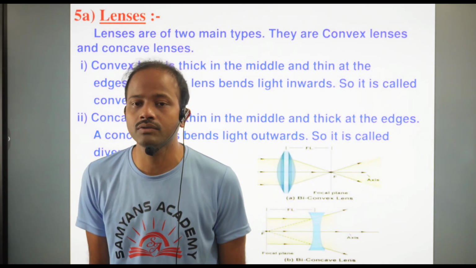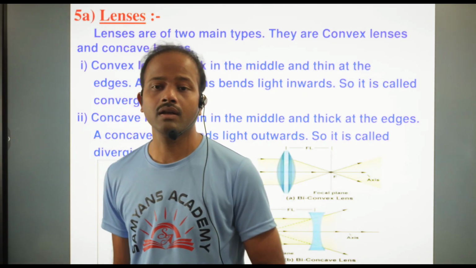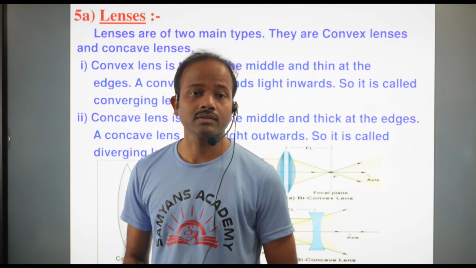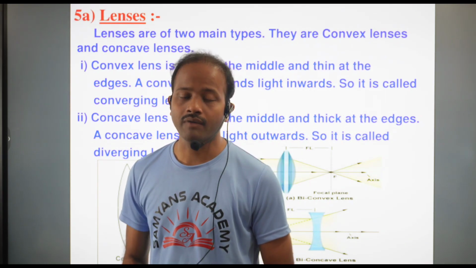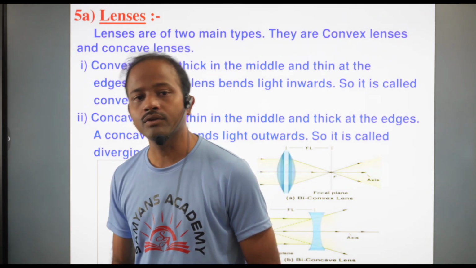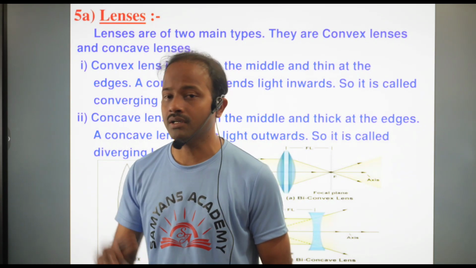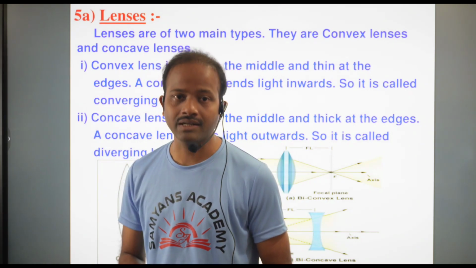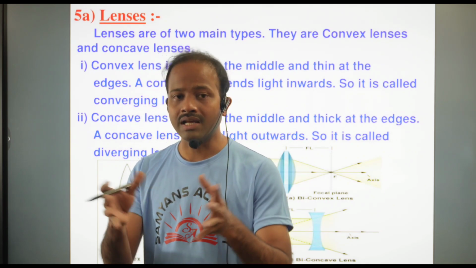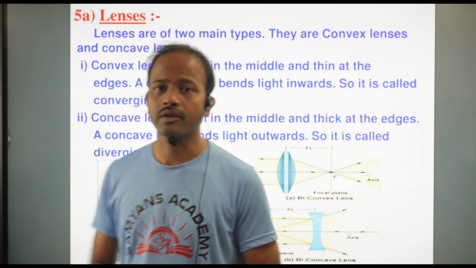Which one do we use as a side mirror for a vehicle? What type of mirror is it? Convex mirror. Concave mirror we use to see enlarged images. The dentist can use this, right? And we also use the concave mirror in torch headlights and vehicle headlights.